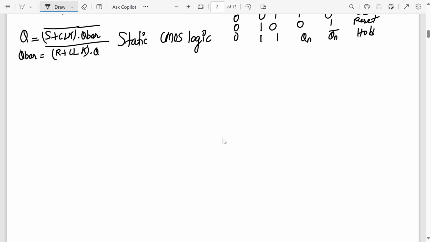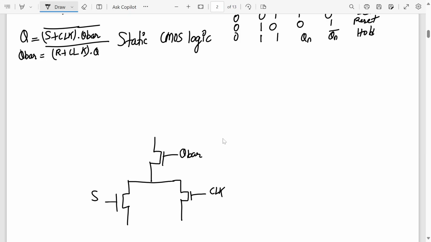Let me adjust my screen. Yeah, let's complete it. So here we'll have two of it. This will be Q bar, and these two transistors will be with input S and clock. This will go to the ground. And at the PMOS side, what do we have? S and clock will be in series. Correct? Is that what you got?